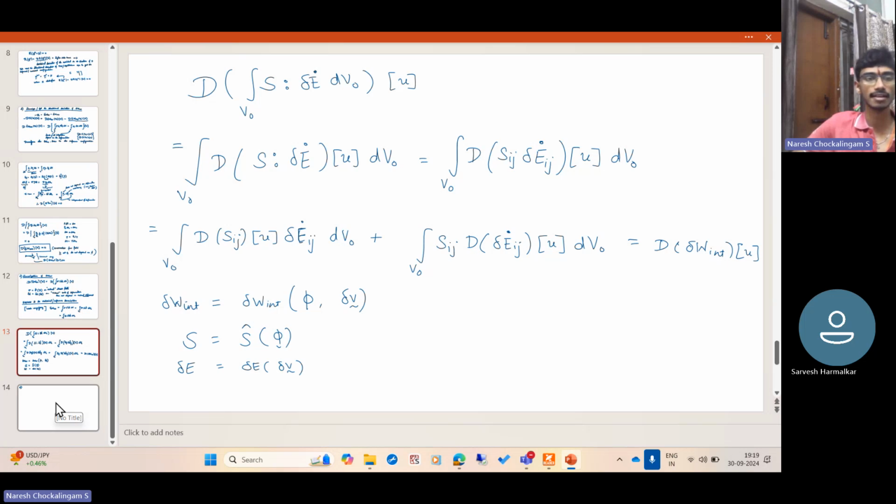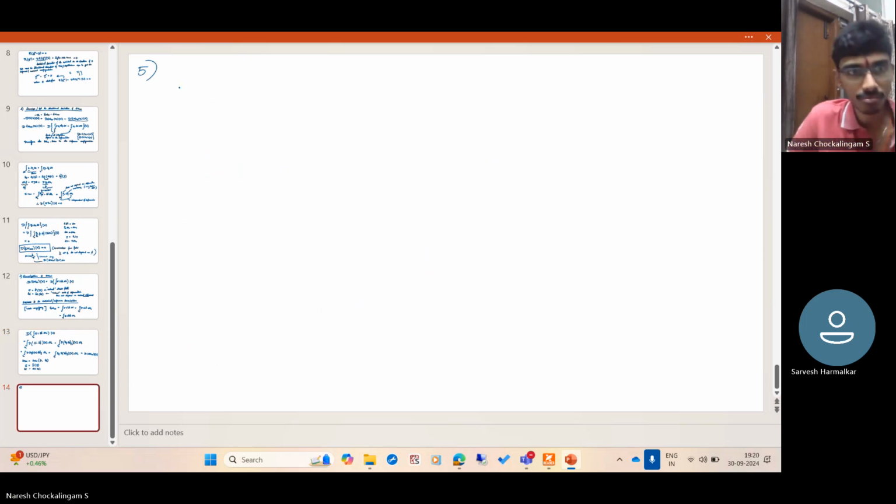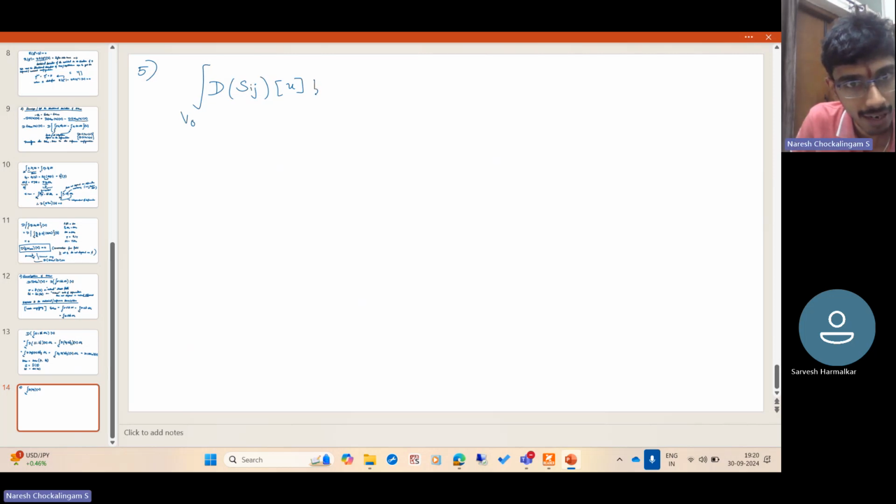Let us look at the term: the integral over the volume of the directional derivative of the second Piola-Kirchhoff tensor S_ij in the direction u, and here you have a del E dot ij dv naught.